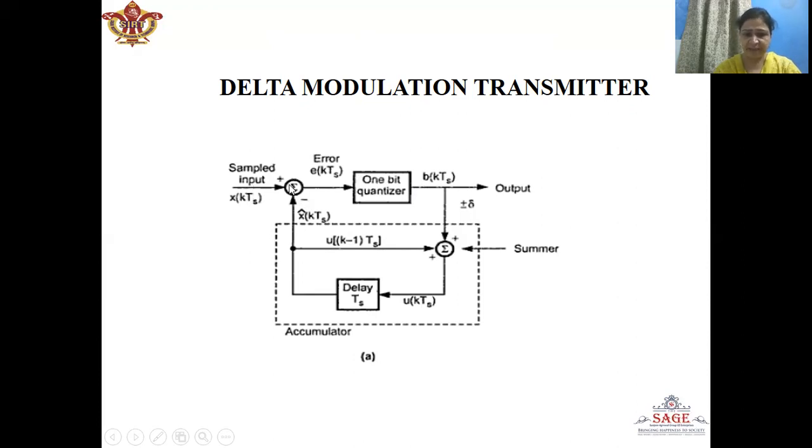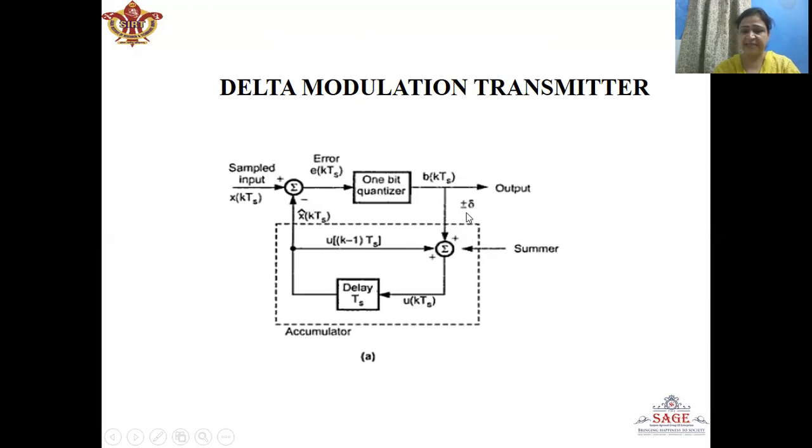When the sampled input is greater than the previous sample approximation, b(kTs) will be given by plus delta. Whereas when the sampled input is less than the previous sample approximation, e(kTs) will be negative, so the 1-bit quantizer will give output as minus delta. When plus delta is generated, the output will be encoded as bit 1 and transmitted.